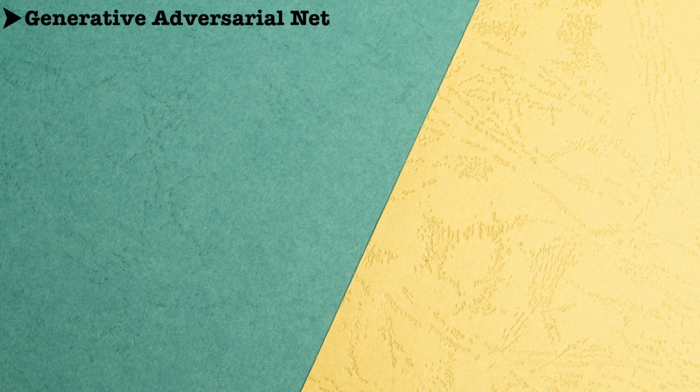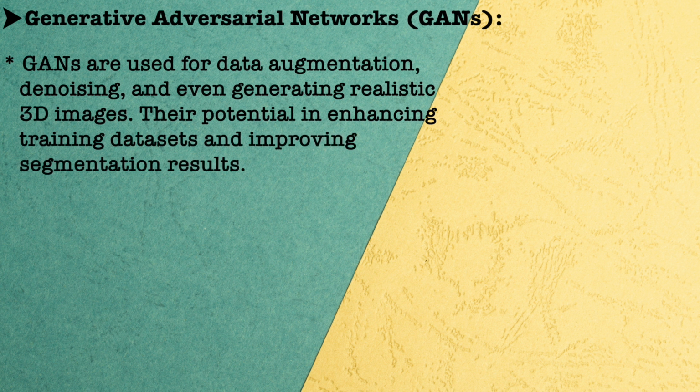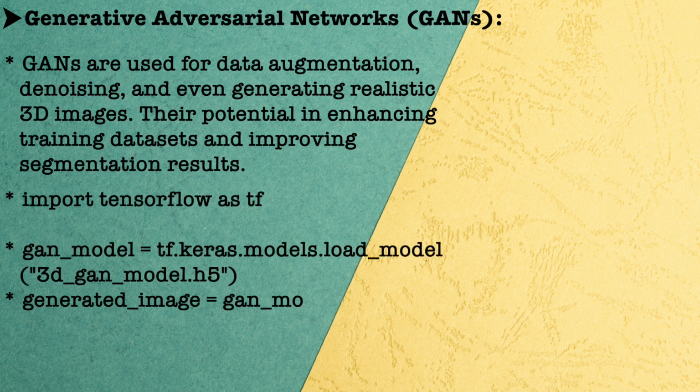Next is generative adversarial networks, which are very commonly used for data augmentation, denoising and even generating realistic 3D images. Their potential is in enhancing training datasets and improving segmentation results, and this is the code which is giving a GAN model.